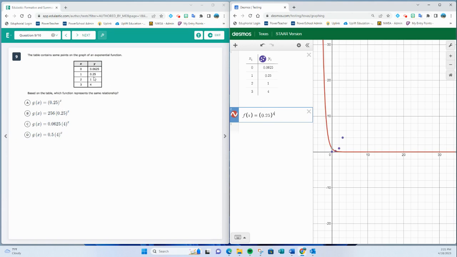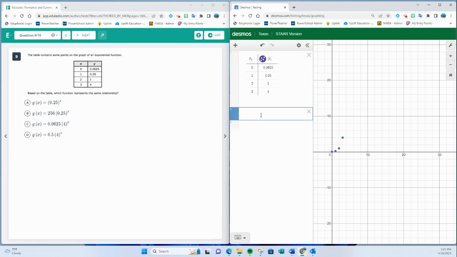So this would be my table. Here's an equation and a graph. For it to be representing the same function, they would all need to match. So A did not work. So I'm going to try out B, and B is not going to be hitting all of the purple points.